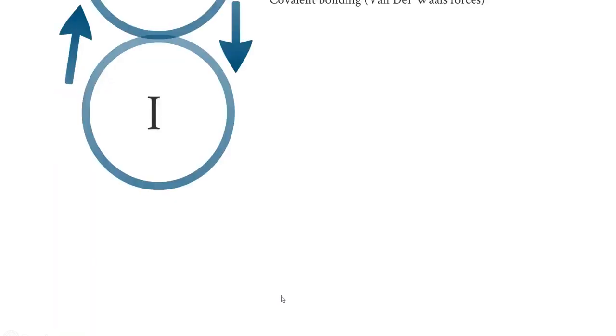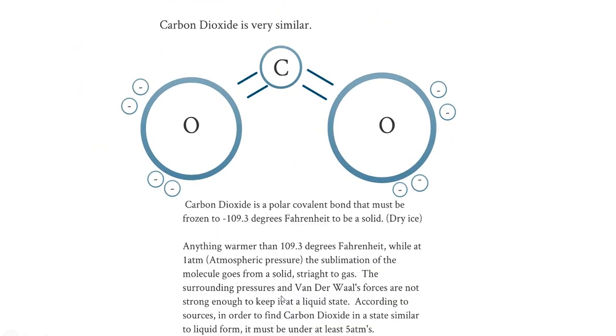As soon as you give iodine or carbon dioxide enough energy to break apart from each other, so that they slide past each other, they're able to just escape from the entire structure.